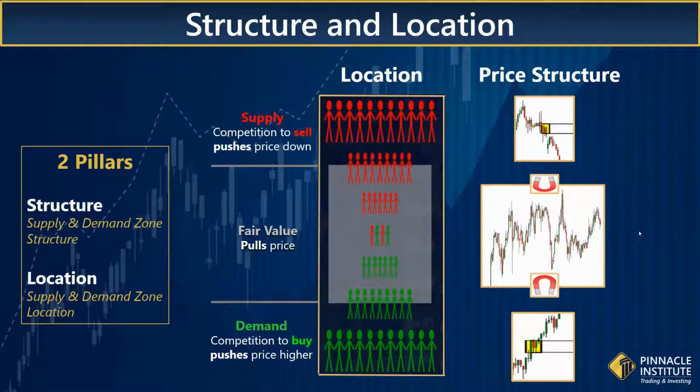Is the supply or demand zone located inside fair value or outside fair value? Make sense? Okay. And these are the 2 most important components to be able to identify in any market, which helps us determine where price is most likely to turn, and where price is most likely to move to.